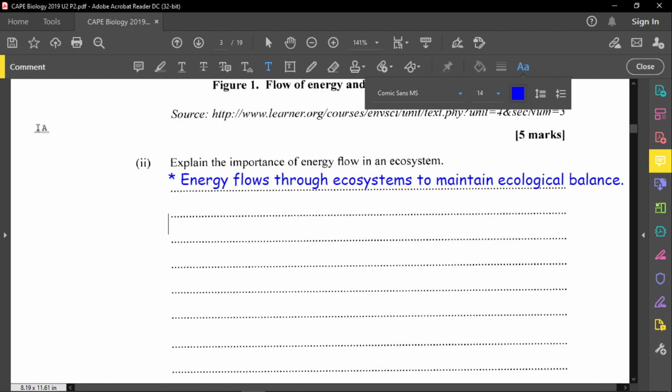For my other point, I'm going to mention that each organism or trophic level requires a certain amount of energy.